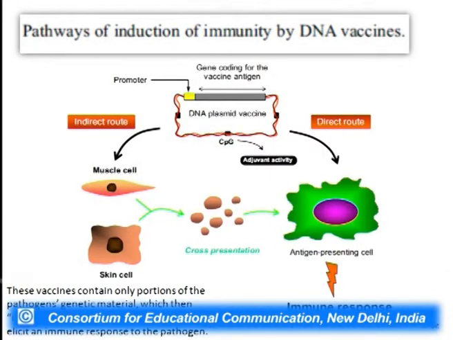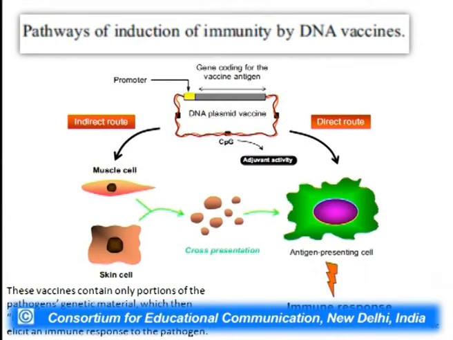This is the pathway of induction of immunity by a DNA vaccine. As you can see, we have a DNA plasmid vaccine wherein we have a gene of interest, the gene coding for the vaccine antigen. A promoter has been attached to it and it has been put into a plasmid.